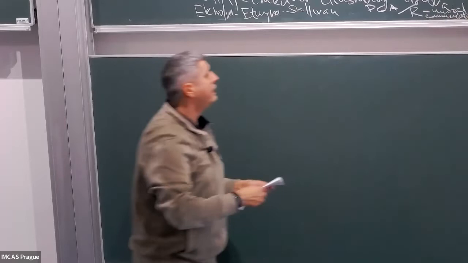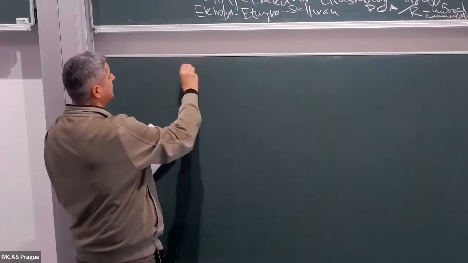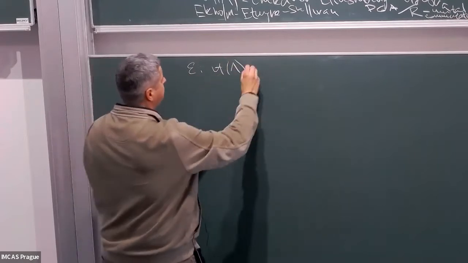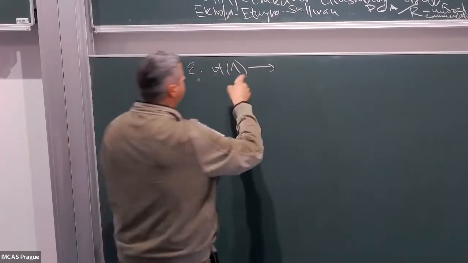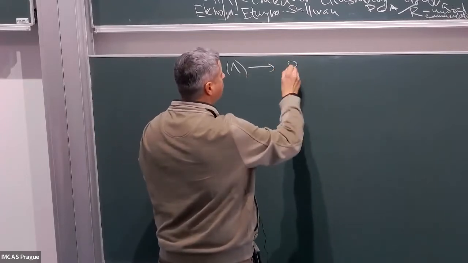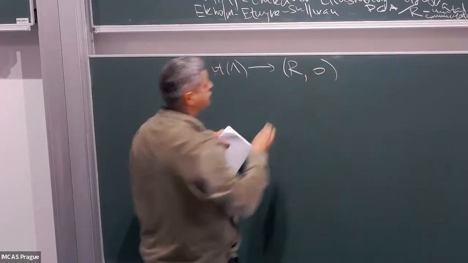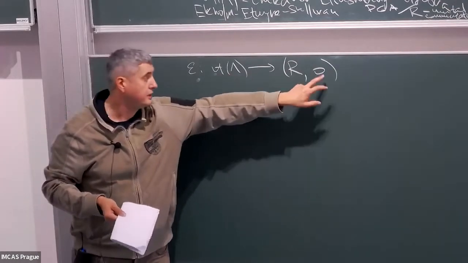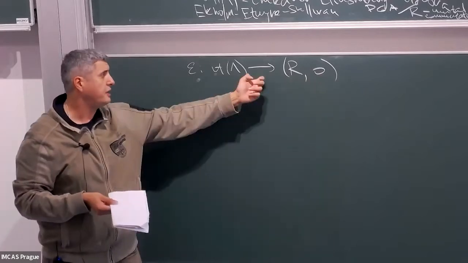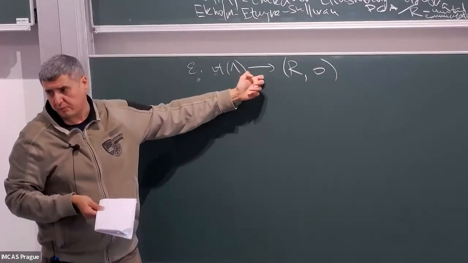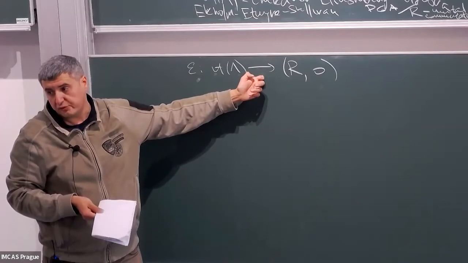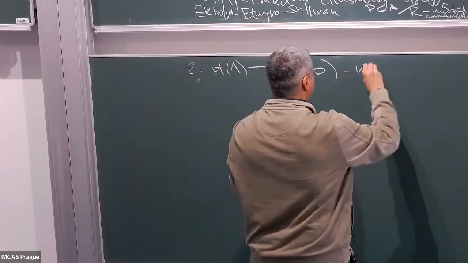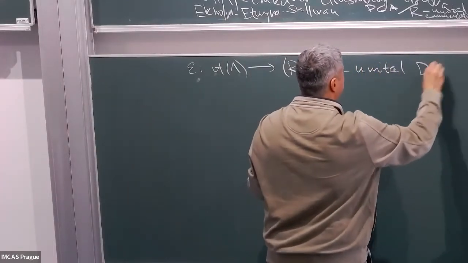And what is this linearization? One gets it if one has a DGA map from our algebra to the ground ring with zero differential. Here we have some differential, and here we consider the ground ring with a zero differential. A unital DGA map like that is called an augmentation, and it allows us to linearize our algebra.